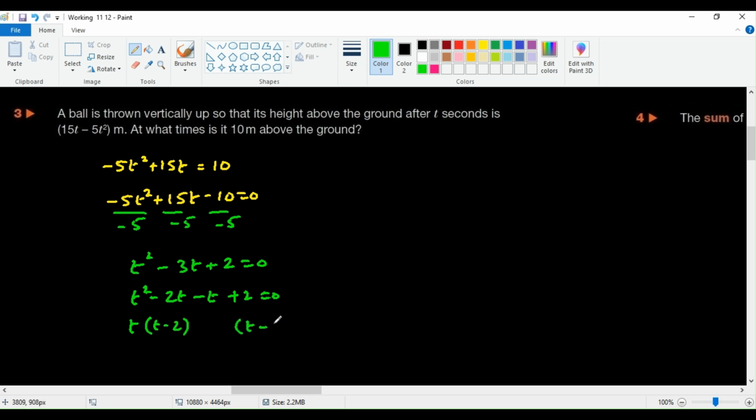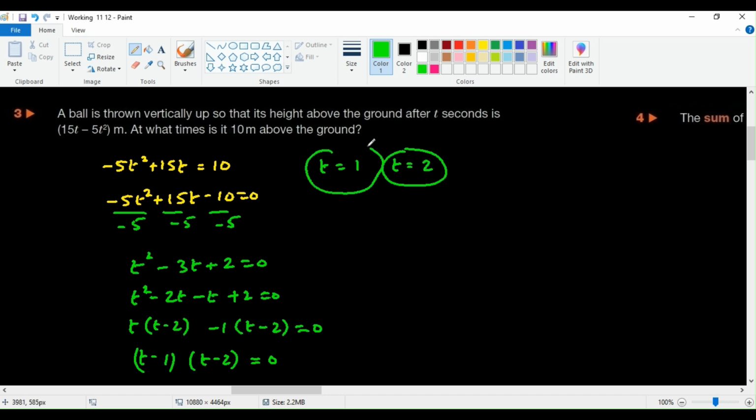Copying this down once again, and equals 0, and minus 1. So t minus 1 is the first factor, and t minus 2 is going to be another factor. So t equals positive 1 and t equals positive 2. So these are the two possibilities.